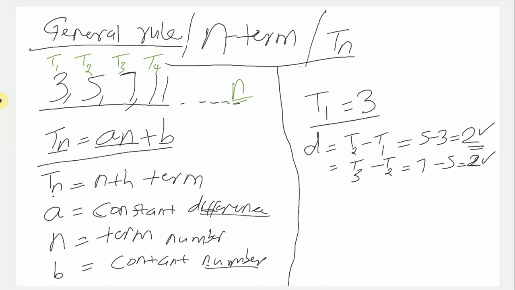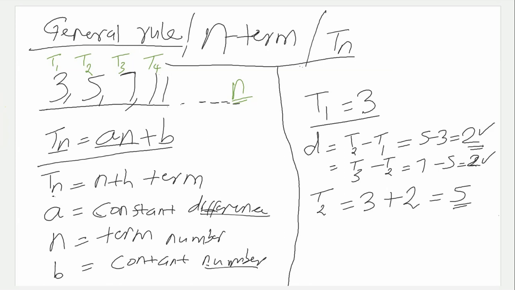So in order for me to get the second term of this sequence, T2, it means I will have 3, and then I add the constant difference, plus 2, which equals 5. Okay, that's my T2. Okay, fine.